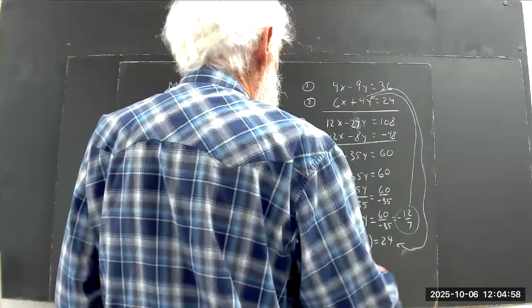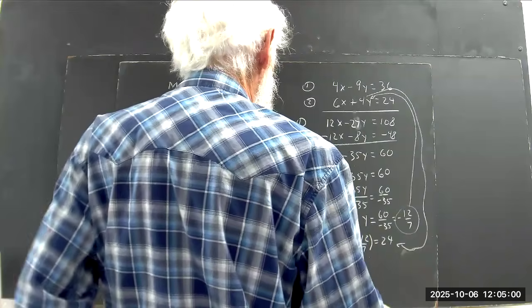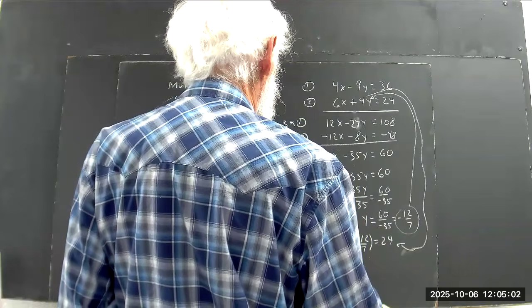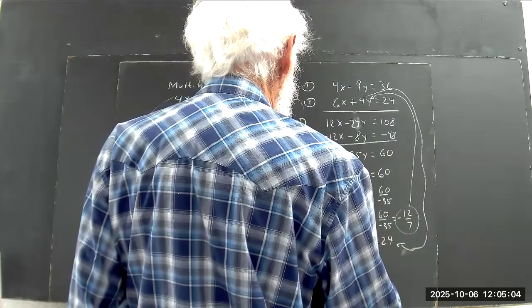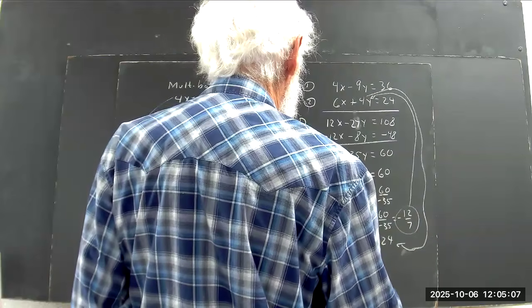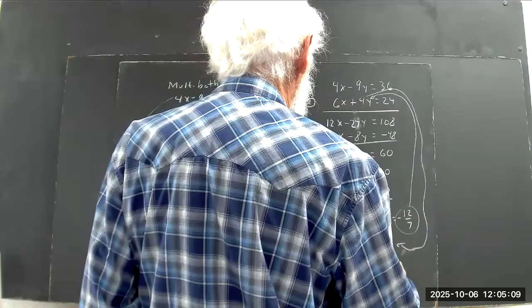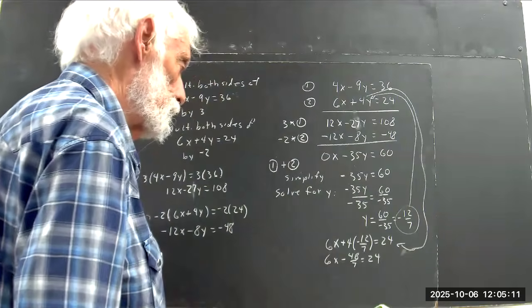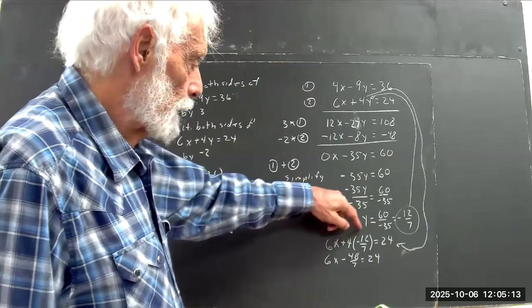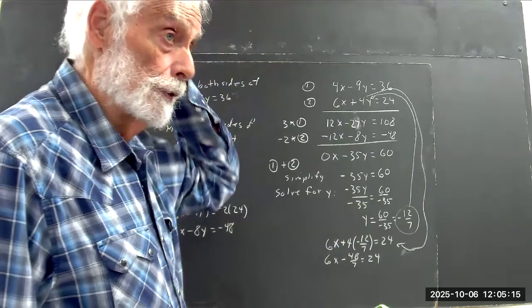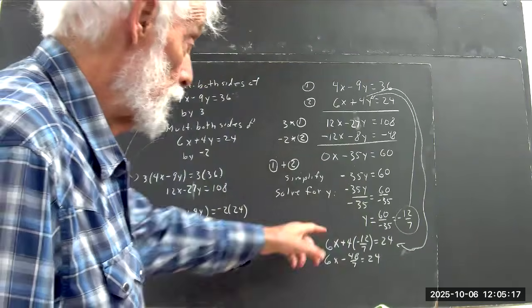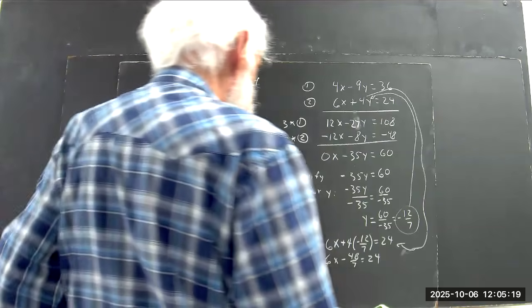I guess I'd better not do 2 steps at once. I'm going to simplify this before I do that. We get 6x minus 48 over 7 equals 24. That's going to be a little easier to look at. In other words, I multiply the 4 by the -12 and so forth. Okay, simplify that fraction, so I just have a simple fraction.